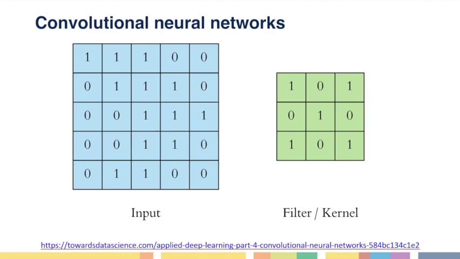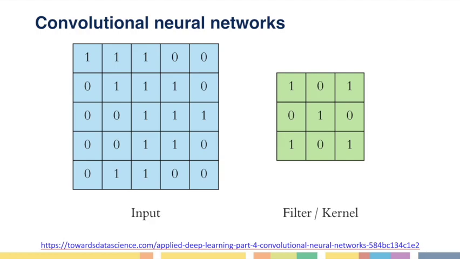One last type of network, and the most famous network for image analysis, is the convolutional neural network. The main difference is that the types of layers of neurons that we have seen so far are called dense layers, where all the connections between the neurons are possible.